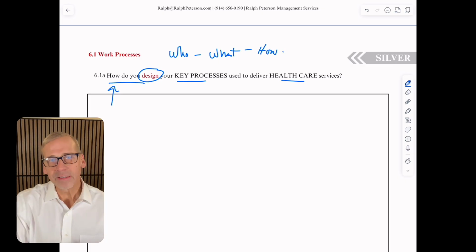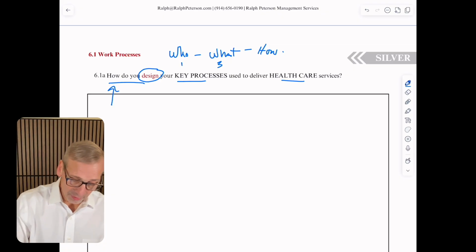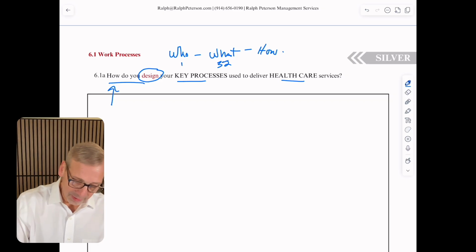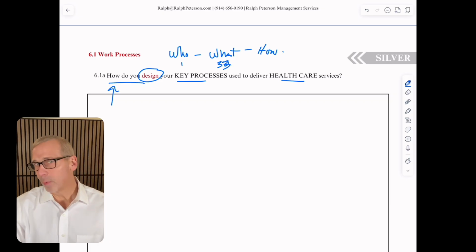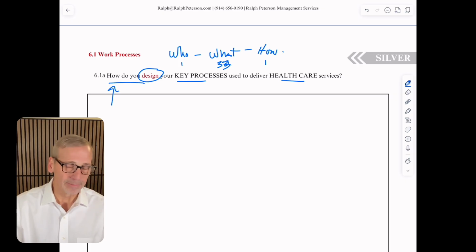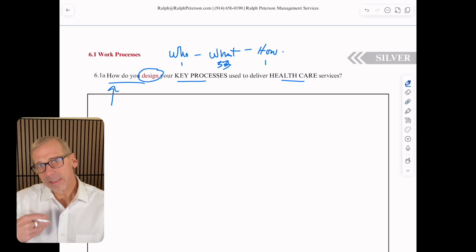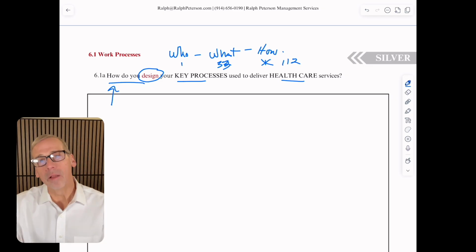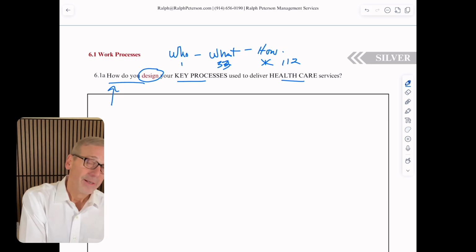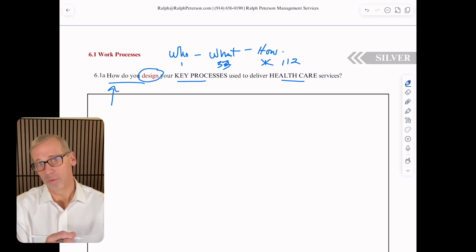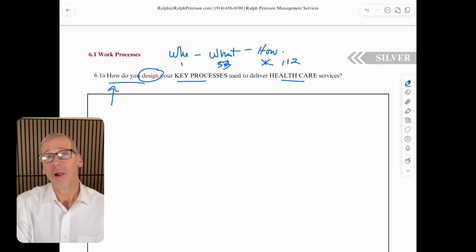Now, at the bronze level, there was only 1 who question, there were 32 what questions, and there was 1 how question in the bronze application. Here at the silver, there are 112 how questions. In fact, 90% of the entire application at the silver and gold quality award application are made up of how questions.